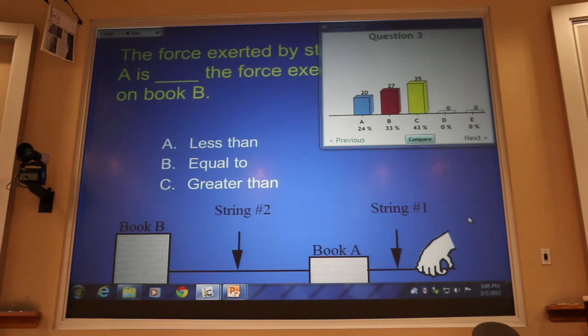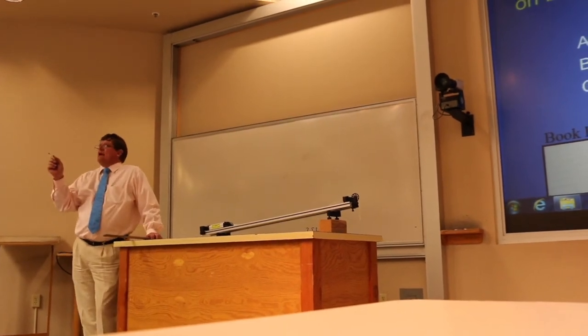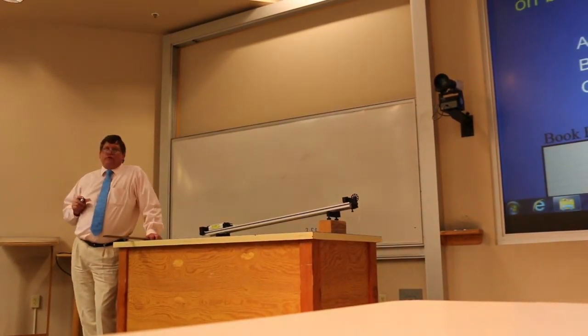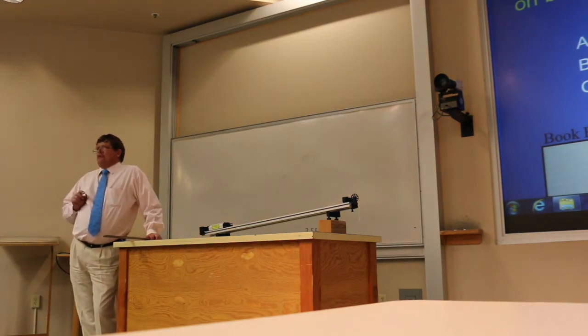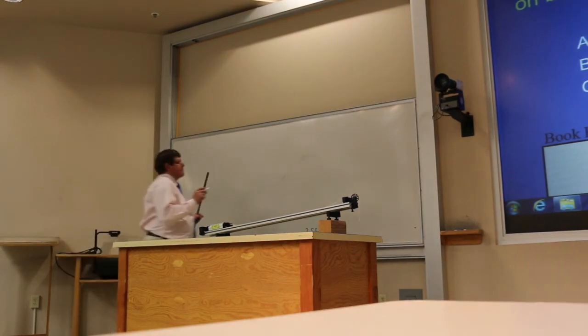Well, a free body diagram of what? Well, normally I'd draw a free body diagram of everything with mass. But in this case, I'm trying to compare the tension in string 1 to the tension in string 2. So it makes sense to draw a free body diagram that has both of those forces in it. Which book is acted on by both strings?